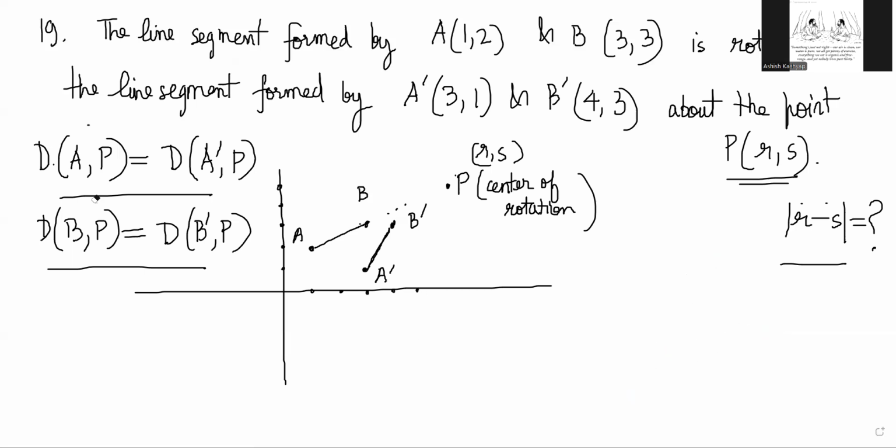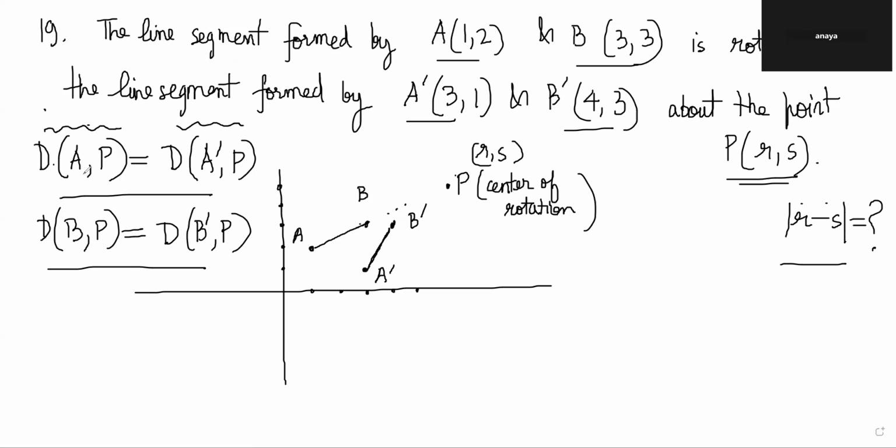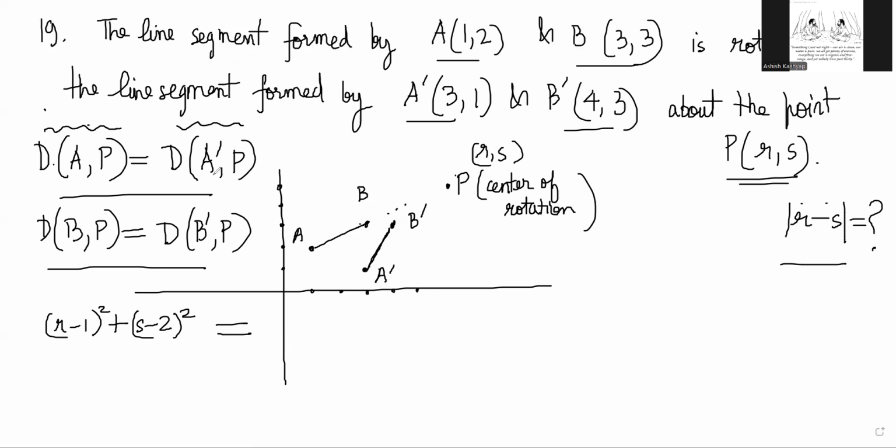Right. So if you do that, we can just use the distance formula now because point P is r comma s, and we can write the distance. All of these were given, right? So we can say A to P, the distance is the square root of r minus 1 whole square plus s minus 2 whole square. We have squared it, so distance squared is equal to, on the other side, A dash to P, so r minus 3 whole square plus s minus 1 whole square, right?